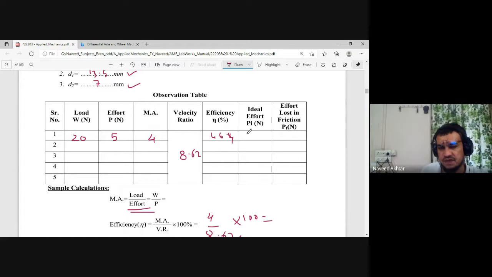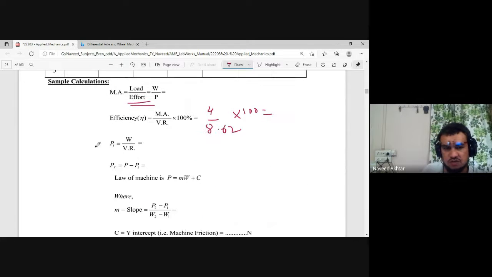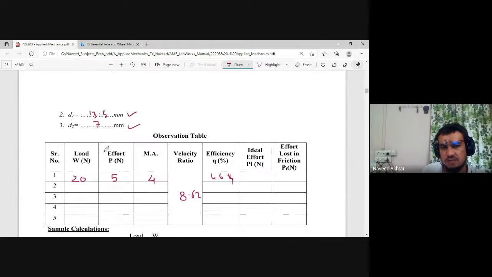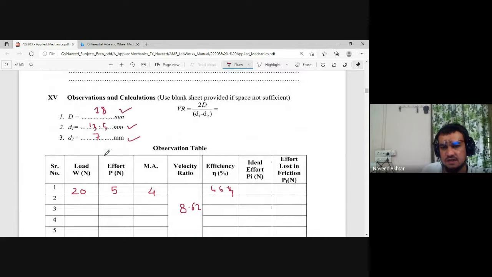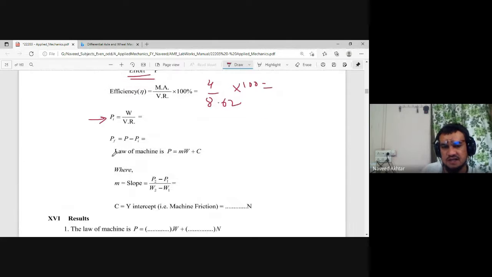Okay. Then you can find out the ideal effort. What is the ideal effort? That is the load upon velocity ratio. Ideal effort is PI. The PI is nothing but load upon velocity ratio, and PF is nothing but effort minus PI, that is effort lost in friction.